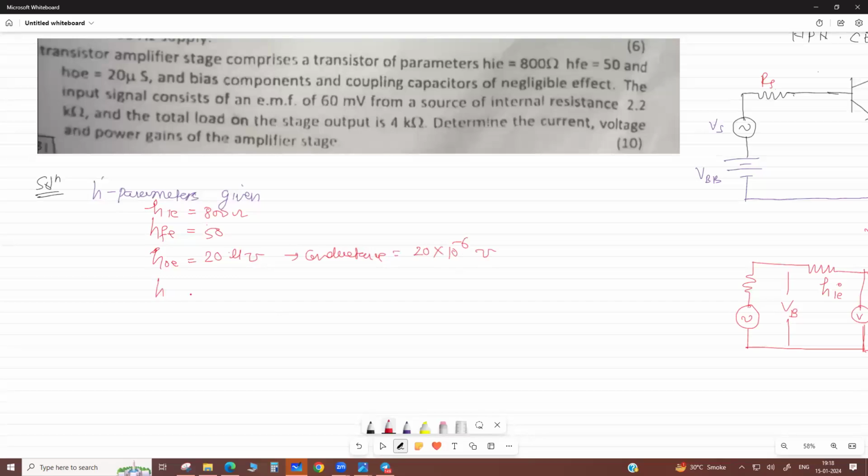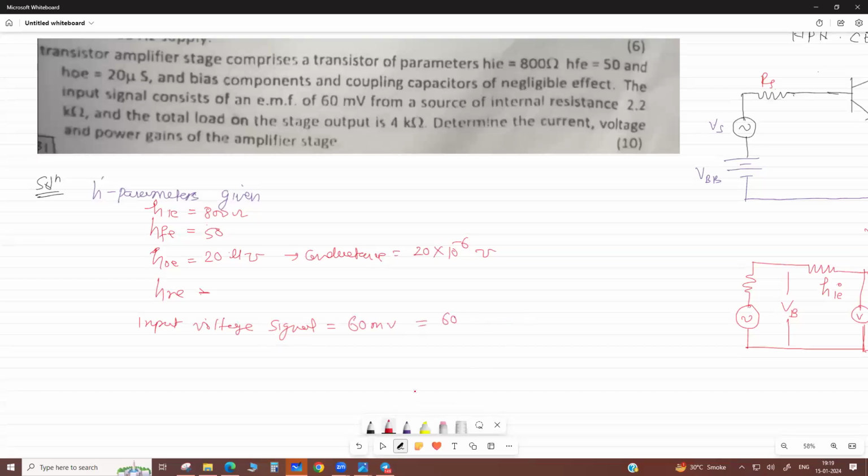HRE is not given. Now the input voltage signal is 60 millivolt, meaning 60 into 10 raised to power minus 3 volt.